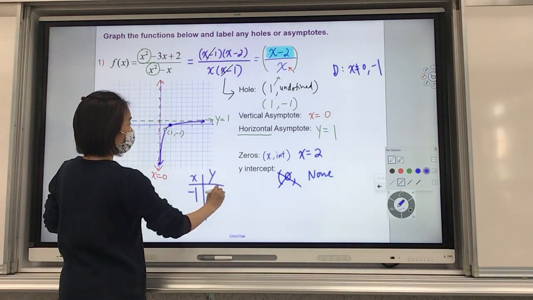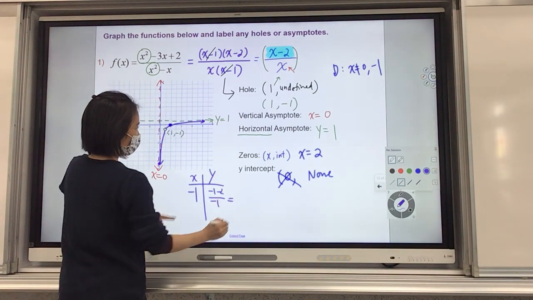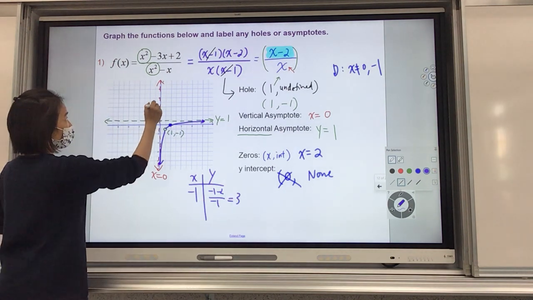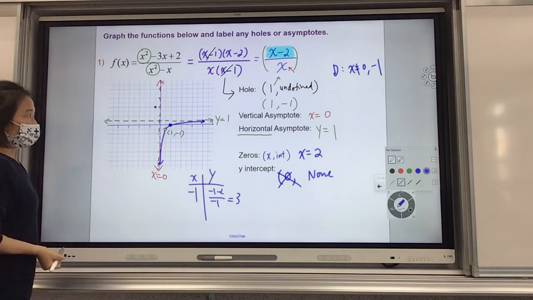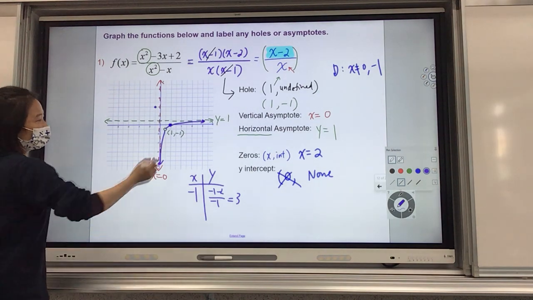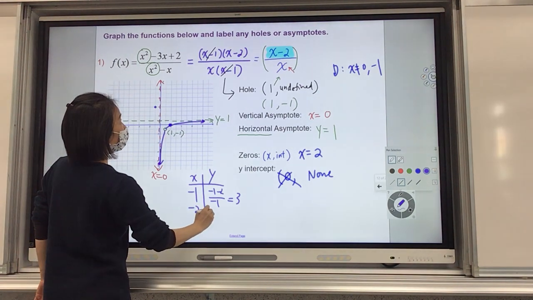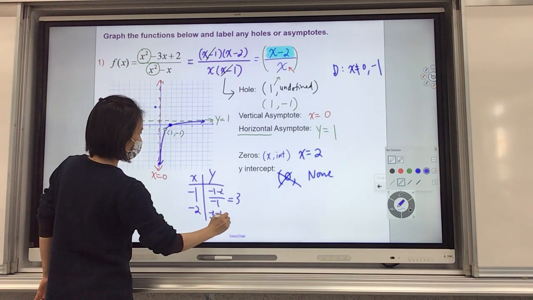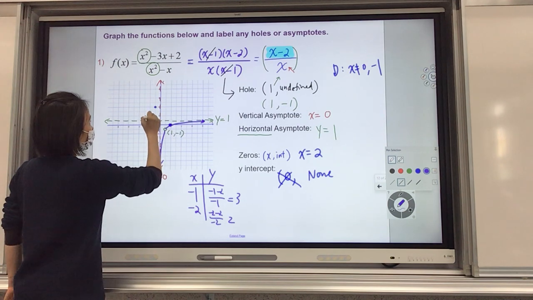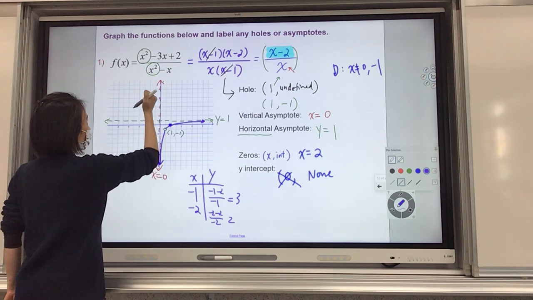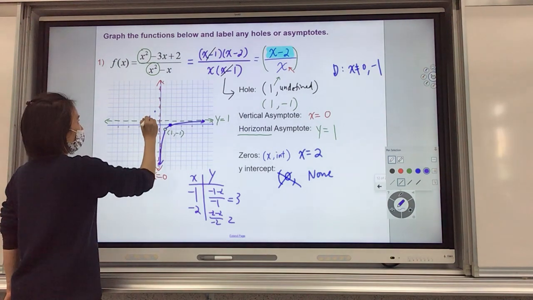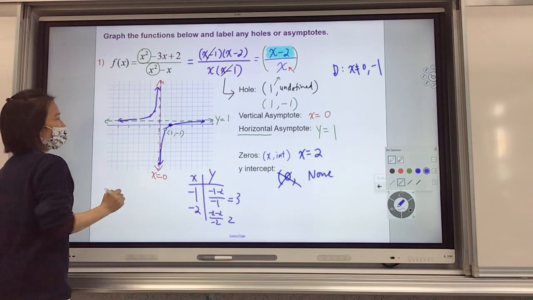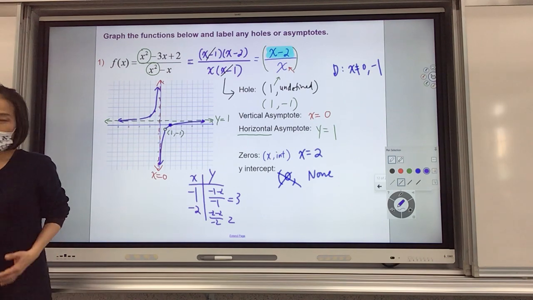So -1 minus 2 over -1, that will be what? 3. So -1, 3 will be a point. You see what I mean? -2, that will be -2 minus 2 over -2, that will be 2. So, like that. You can do it in that way.